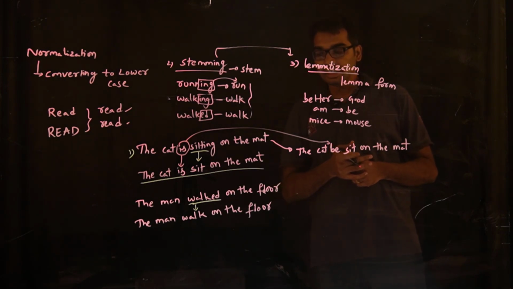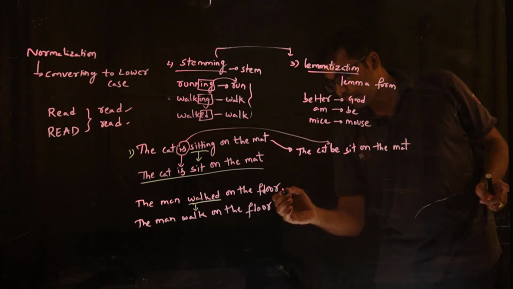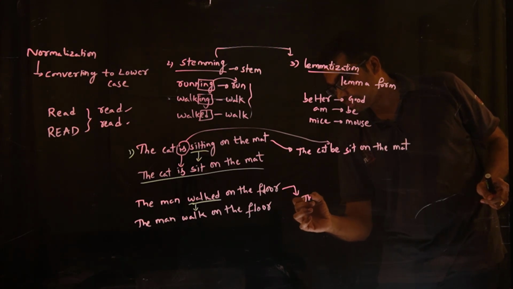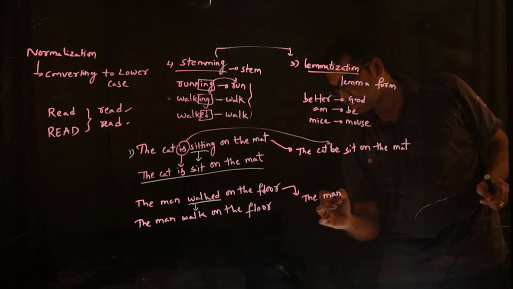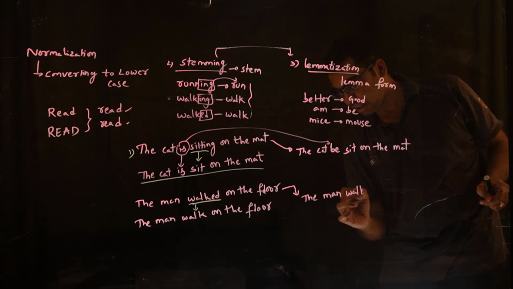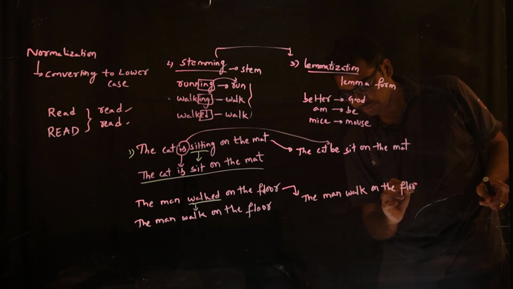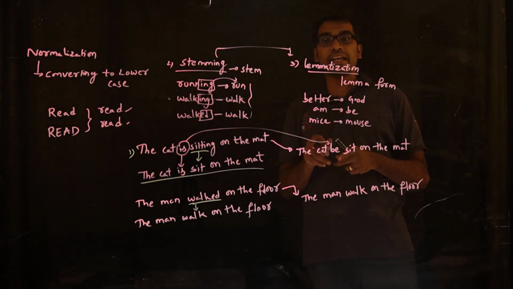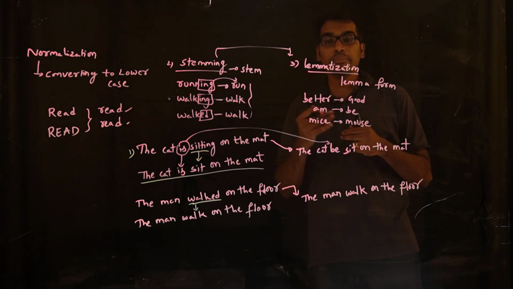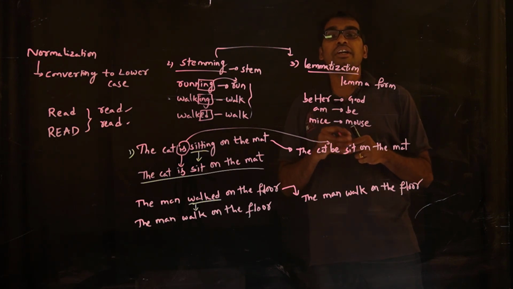Similarly, the man walked on the floor becomes the same, because we have the same lemma form, walk on the floor. Sometimes stemming and lemmatization give you the same representation, but in a few cases lemmatization will give you a different root form or a different form of the sentence.